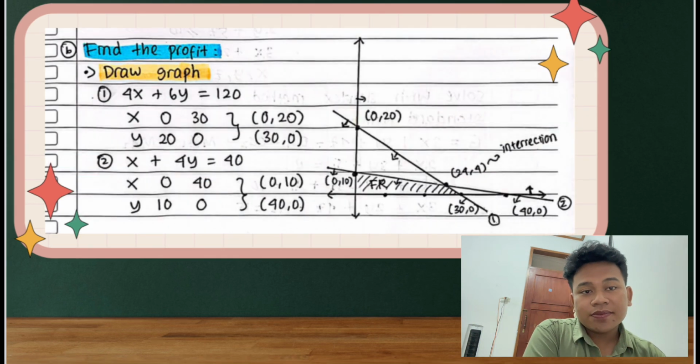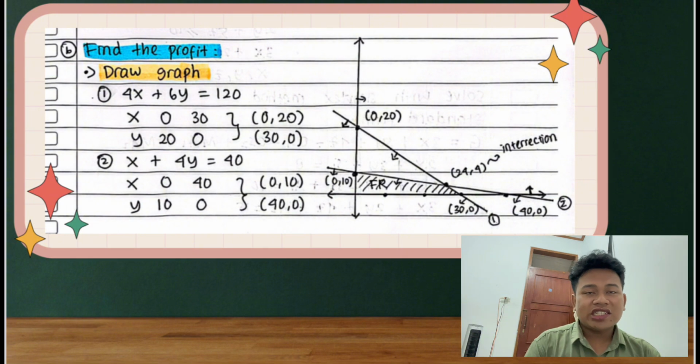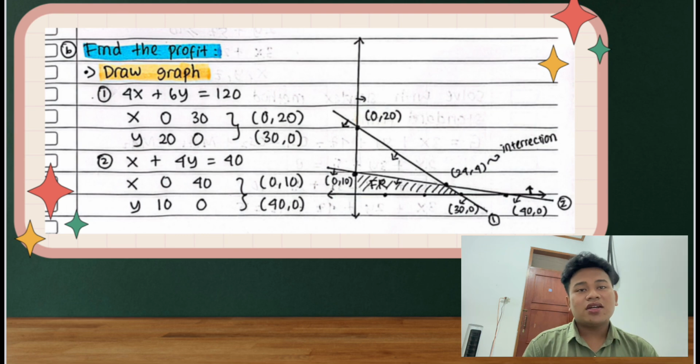Okay, next. We find the profit earned by Irshad using the graph method. So first we make the graph from the equation 4x plus 6y is equal to 120.